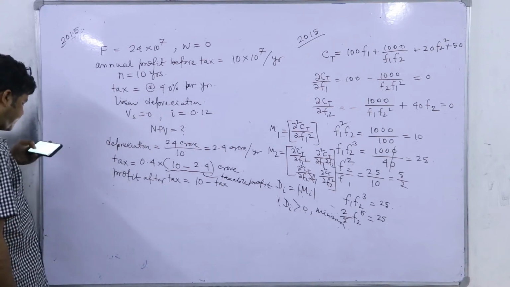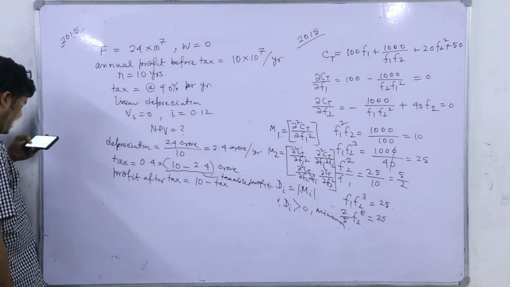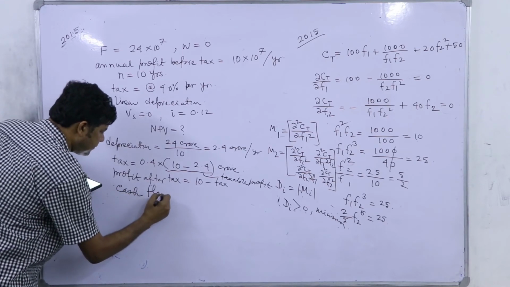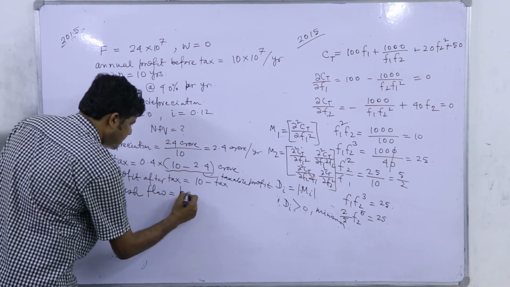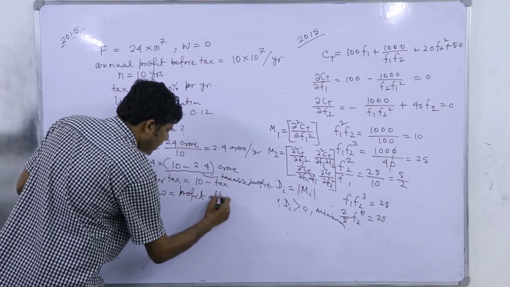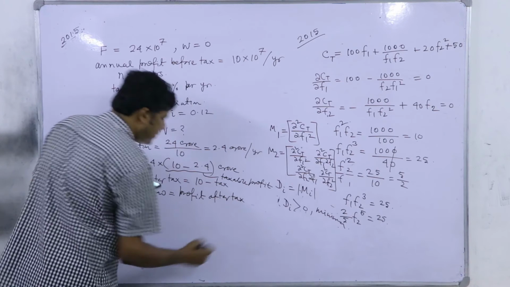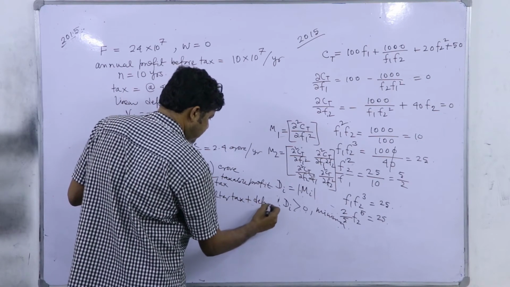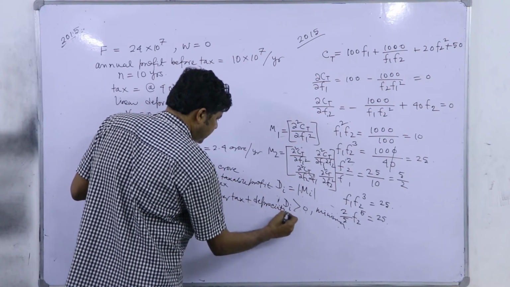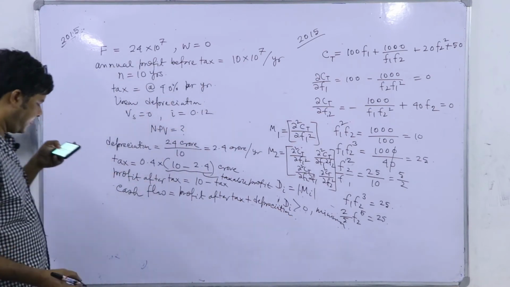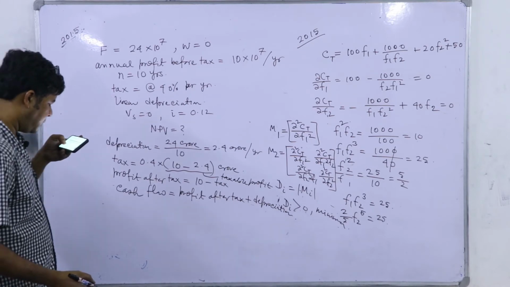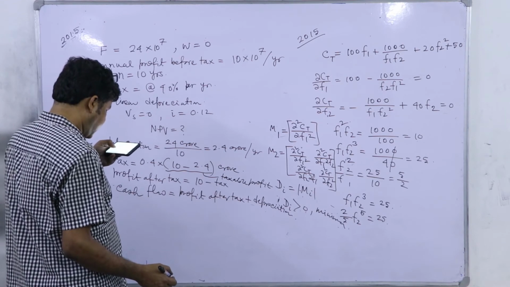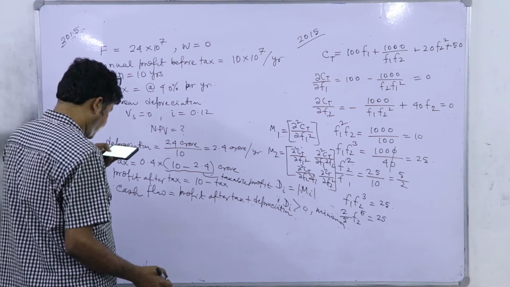Right. So, cash flow will be profit after tax plus depreciation. This cash flow we have to consider. And the depreciation has been calculated, taxable profit, cash flow.